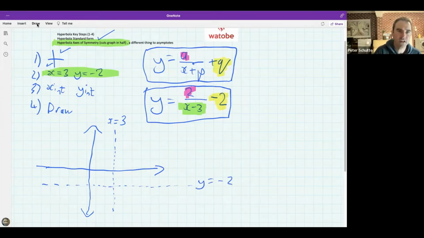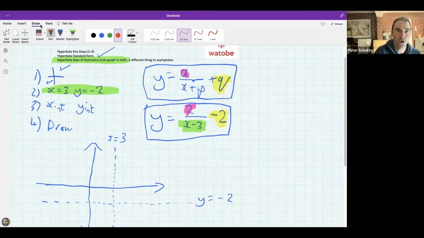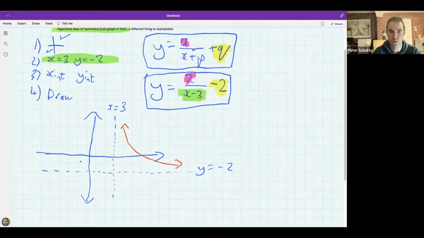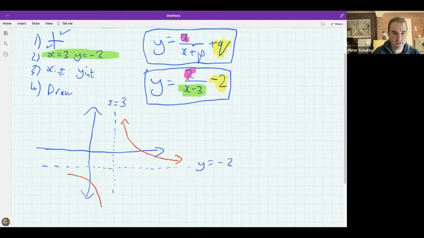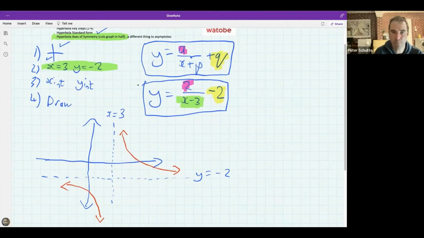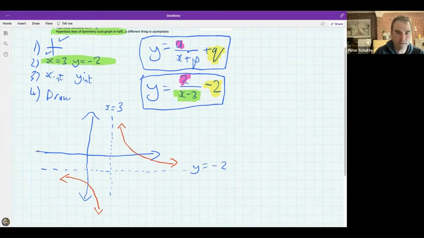Now, I don't know the x and y intercepts, I haven't worked them out, but I do know that the graph of the hyperbola is going to look something like that because it's in quadrant 1. And then over here, it's going to look something like that. So that's the rough hyperbola sketch that we needed to do.